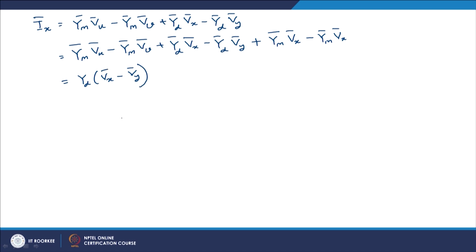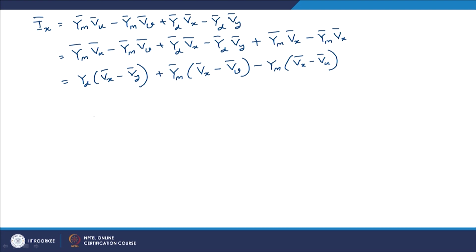Taking these two terms, Ym Vx minus Vv, taking these two terms, minus Ym Vx minus Vu. So again, here also Ix can be represented in terms of these three currents.